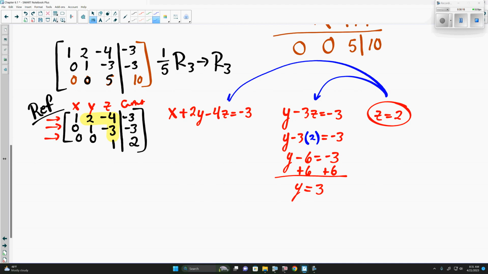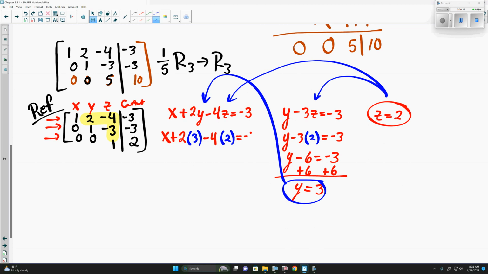Well, now we can plug the 2 into z here, and we can also plug in the y value of 3, which tells us that x plus 2 times 3 minus 4 times 2 is equal to -3.